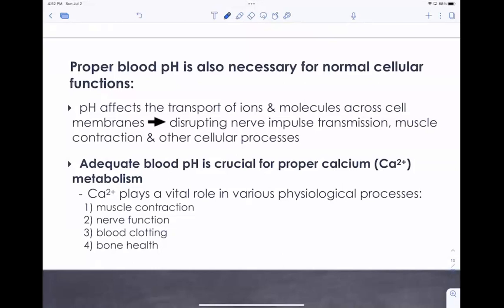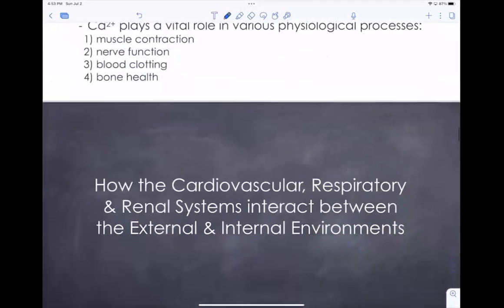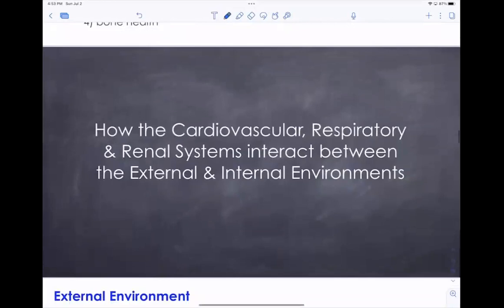So transport across the cell membrane, super important for conducting nerve impulses for the nervous system to function, and muscle contraction and proper calcium, blood calcium metabolism, which is involved in contraction of muscles, the nervous system, blood clotting, and so on and so forth. So pH is really important for many, many physiological functions.